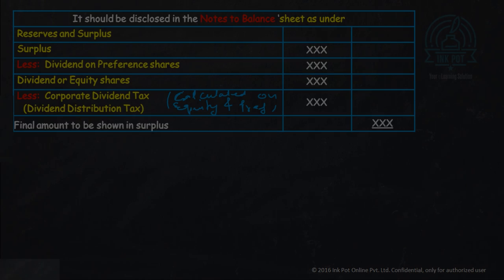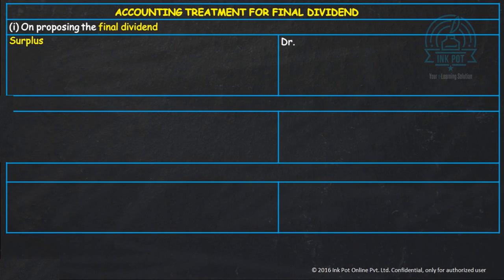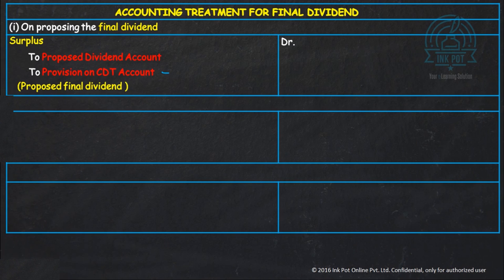Now, journal entries related to proposed dividend. First of all, as you already know, proposed dividend is paid out of the current year's profit of the company. Those current year profits are known as surplus. So the first entry: surplus account debit to proposed dividend and provision for CDT, because the provision for CDT is made along with the proposed dividend.